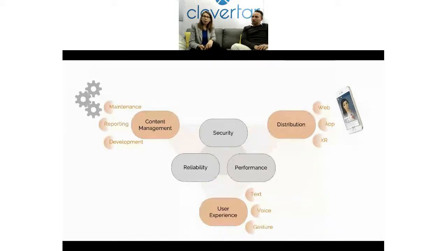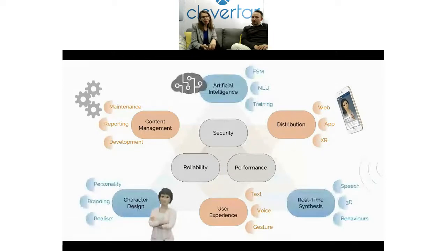We then have a content management system that allows anyone to create content for their own virtual agent and manage that content, and also reporting and ongoing maintenance. And then we're really interested, of course, in user experience. And so that's where text, voice, and gestures come into frame. And then on top of that, we have the features that really make Clevertar unique.